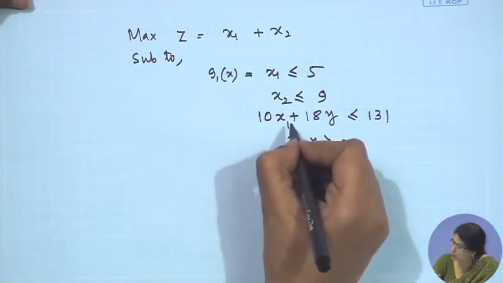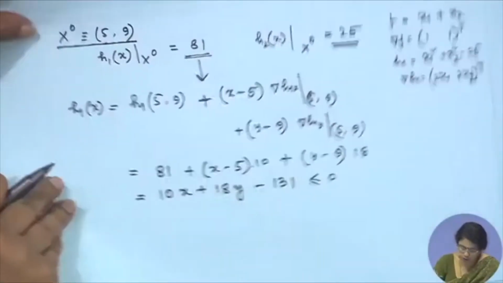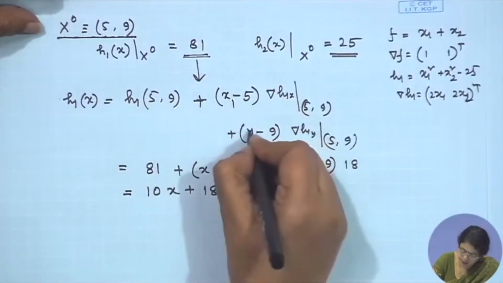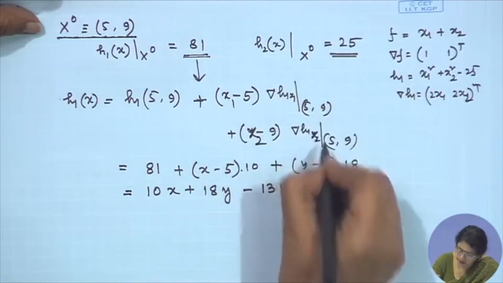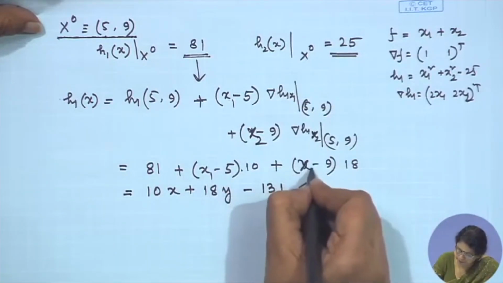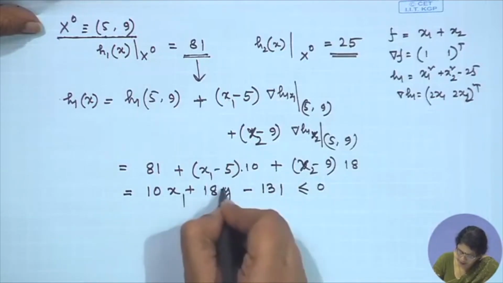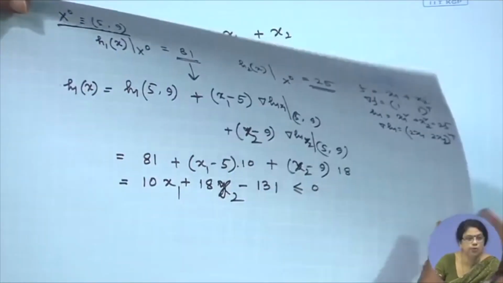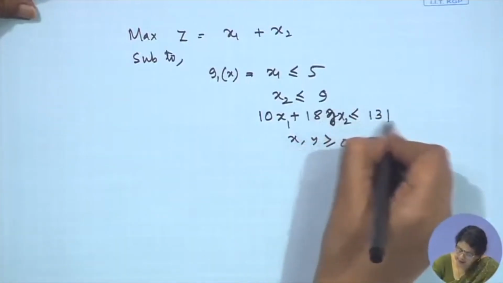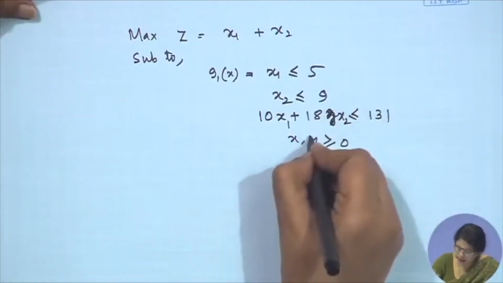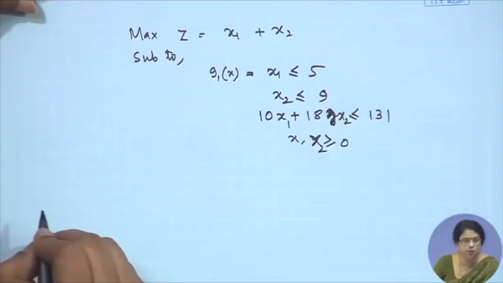It should not be x and y, it should be x1 and x2. So 10x1 plus 18x2 less than or equal to 131, x1, x2 greater than or equal to 0.